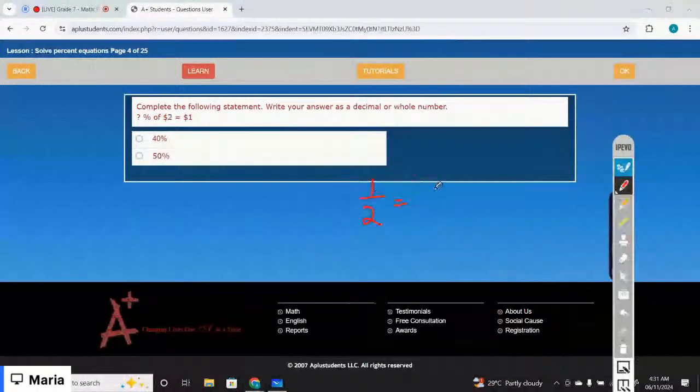You have to calculate the percentage. So n equals 1 times 100 over 2. That equals 100 divided by 2, which is 50%. It is 50%. That means 1 is 50% of 2.